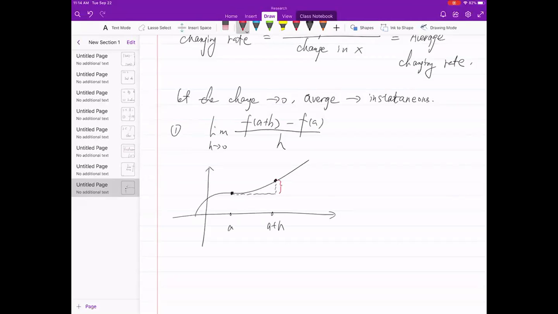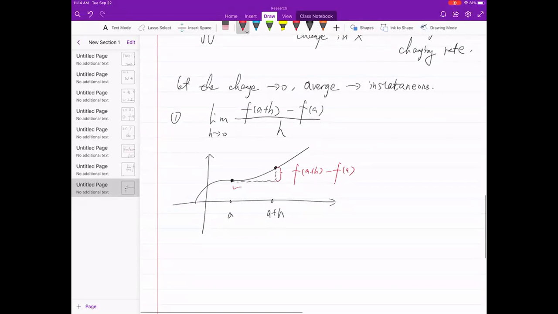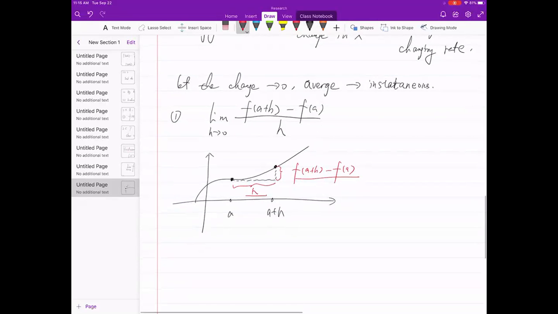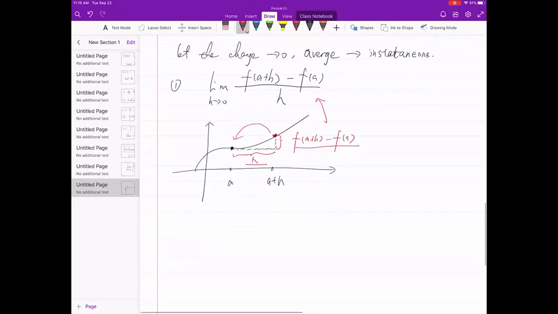Then you quantify how much you changed in y and how much you changed in x. Then you use this change divided by this change. That's your changing rate. That is what this formula says. Finally, when you finish, you let h go to 0. This point becomes closer and closer to this point, and eventually you will receive the instantaneous changing rate. Sounds good?